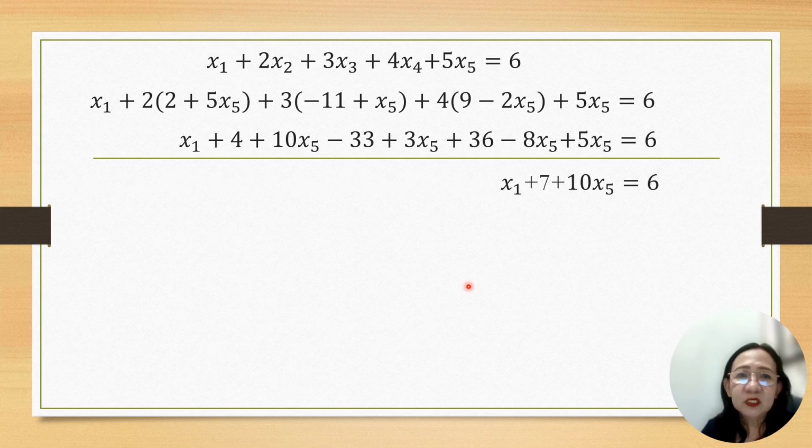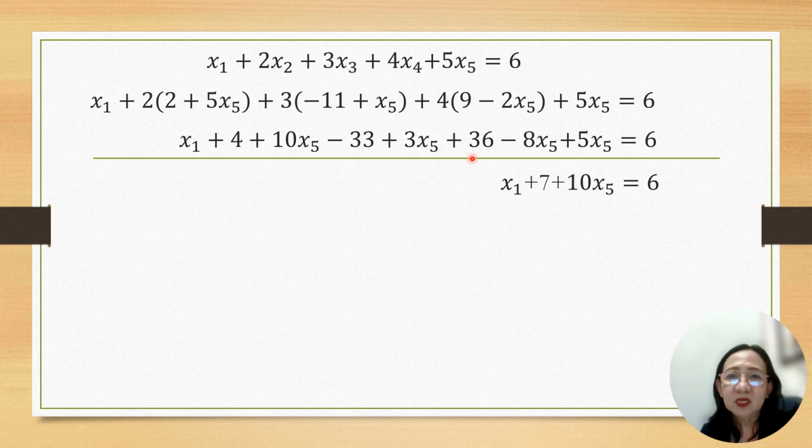Combining similar terms, let us have first the x sub 1. Okay, copy x sub 1. Then 4 minus a negative 33 is negative 29.